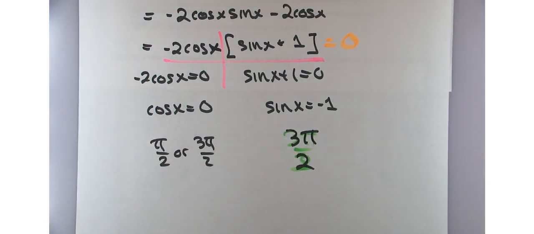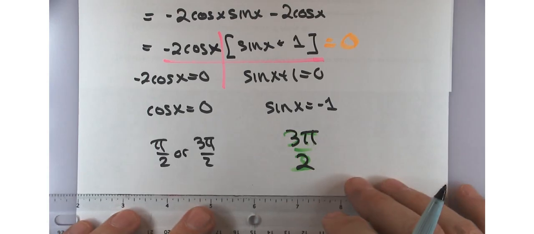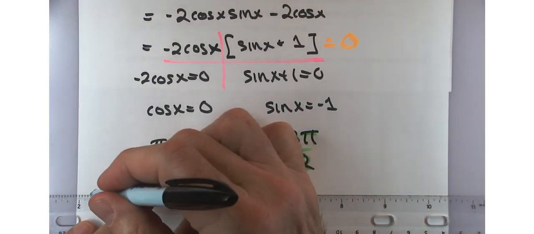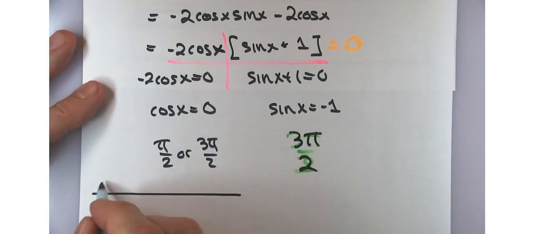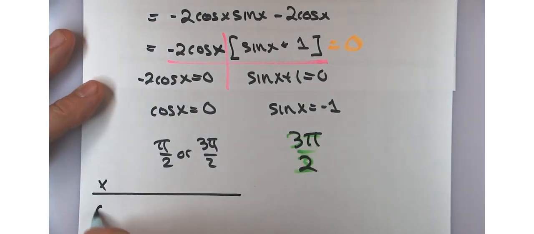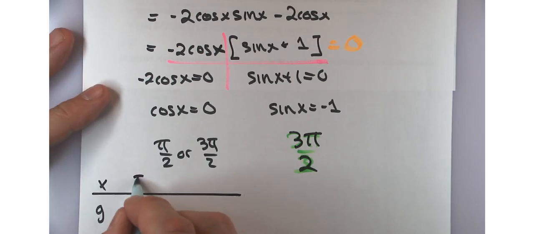So let's do ourselves a little favor here and make ourselves a chart. So x, g of x, and g prime, at pi over 2 and 3 pi over 2.